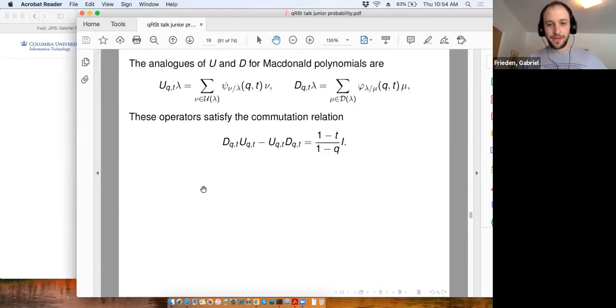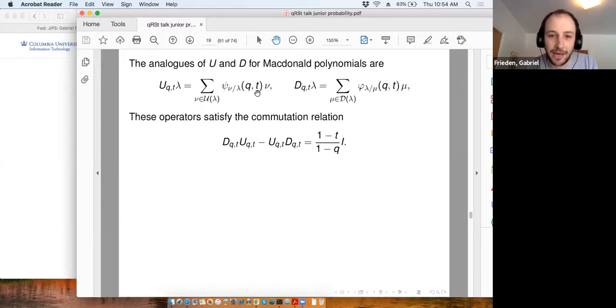Okay, so what we want to do is take this up and down idea and these local bijections and generalize it to Macdonald polynomials. So what we do is define Q and T analogs of the up and down operators by, instead of just taking the sum over all bigger partitions, weighting them by this weight, which is coming from the weights in the Macdonald polynomials.